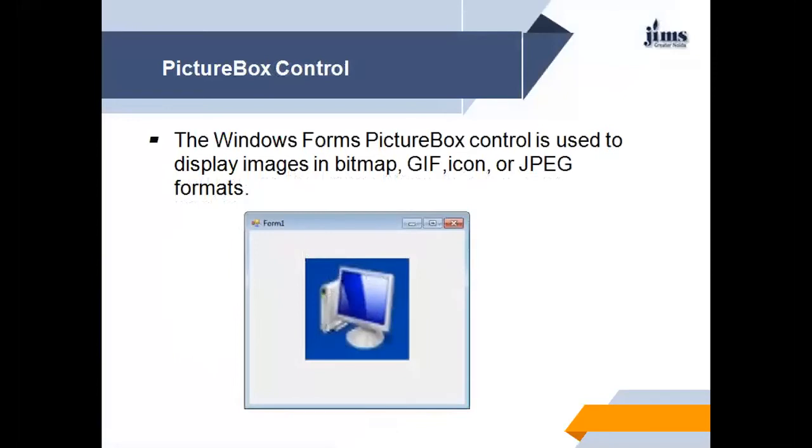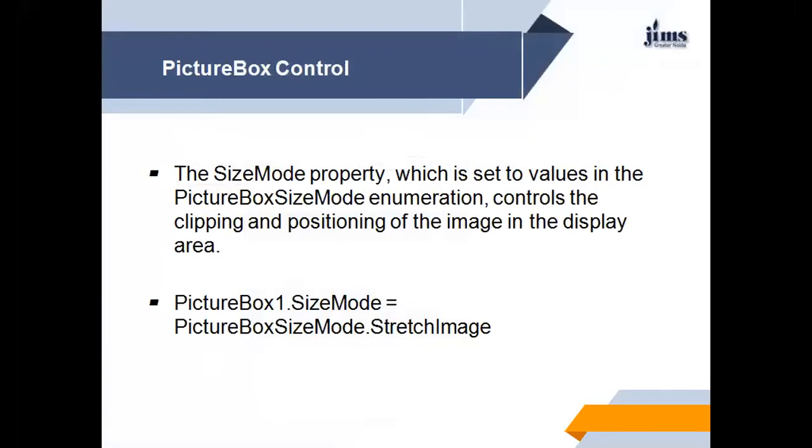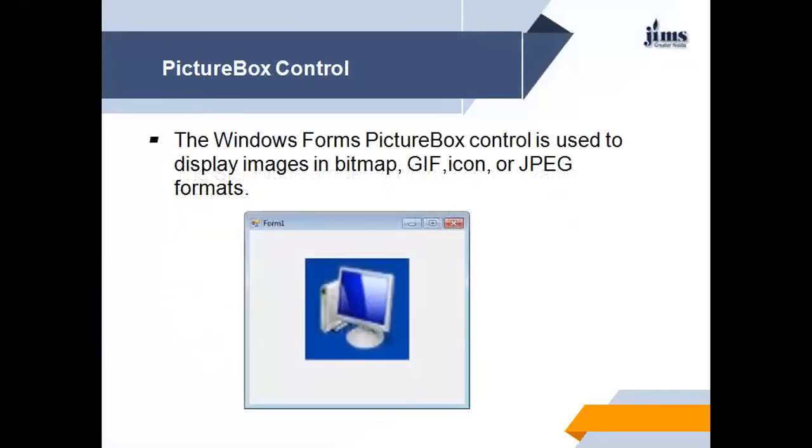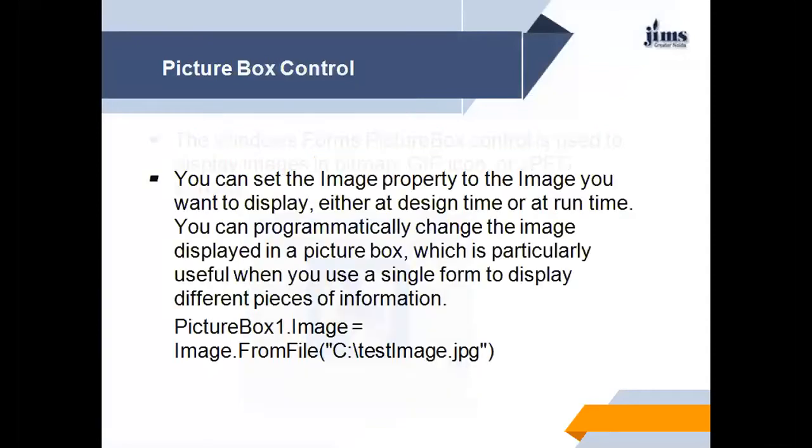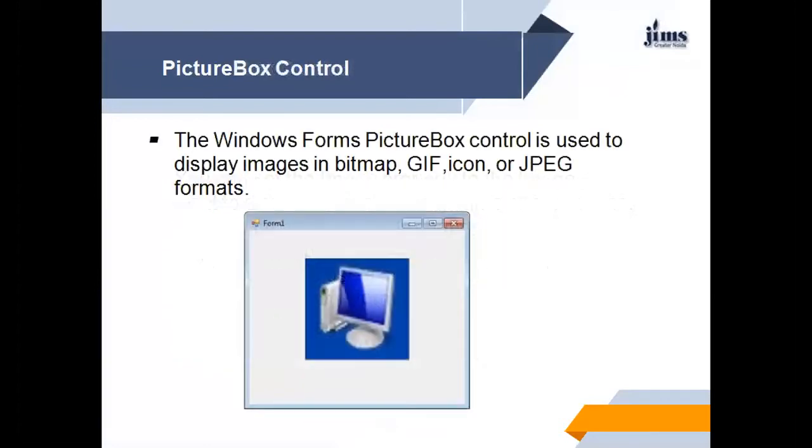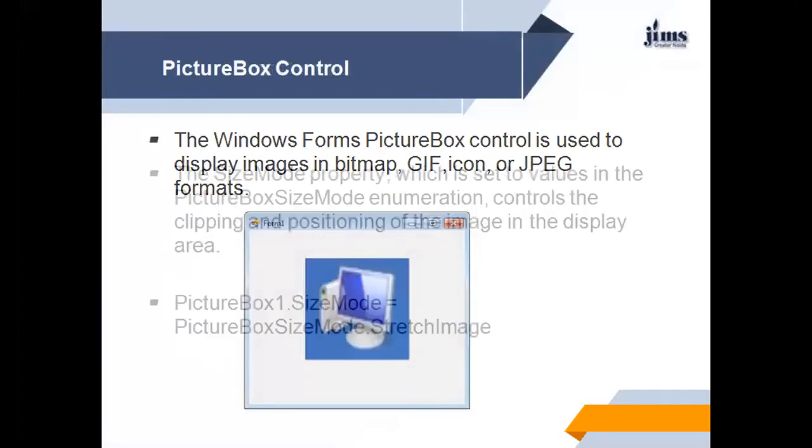You can also see this figure in Form1 when you make a form. In the form you are taking the picture: PictureBox1.Image = Image.FromFile test image. This test image is the image of a computer, so it is displaying here.